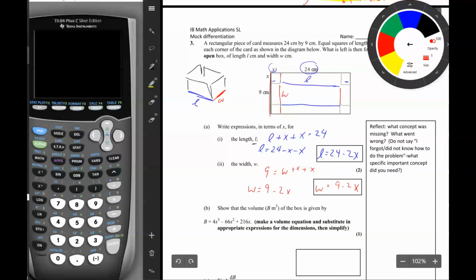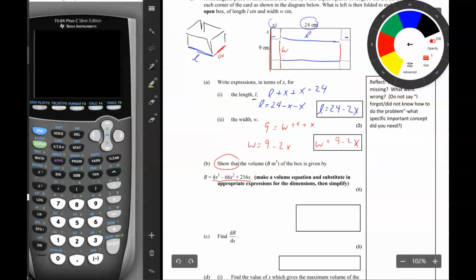Part B says, show that the volume B of the box is given by this equation here. Now remember, whenever they say show that in an IB exam, they're trying to actually give you a challenging problem, but not make it impossible to do the rest of the problem.